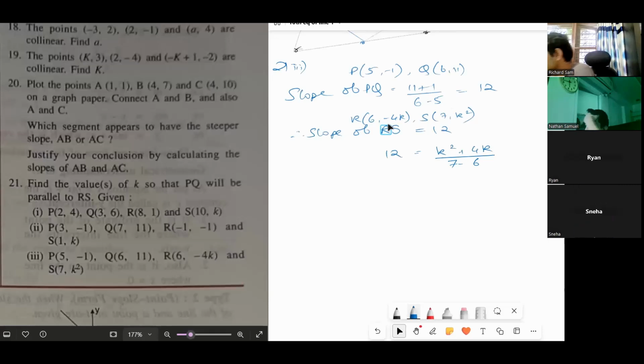When there are two minuses next to each other, minus minus will become plus. So 11 minus minus 1 means 11 plus 1. It's 12.